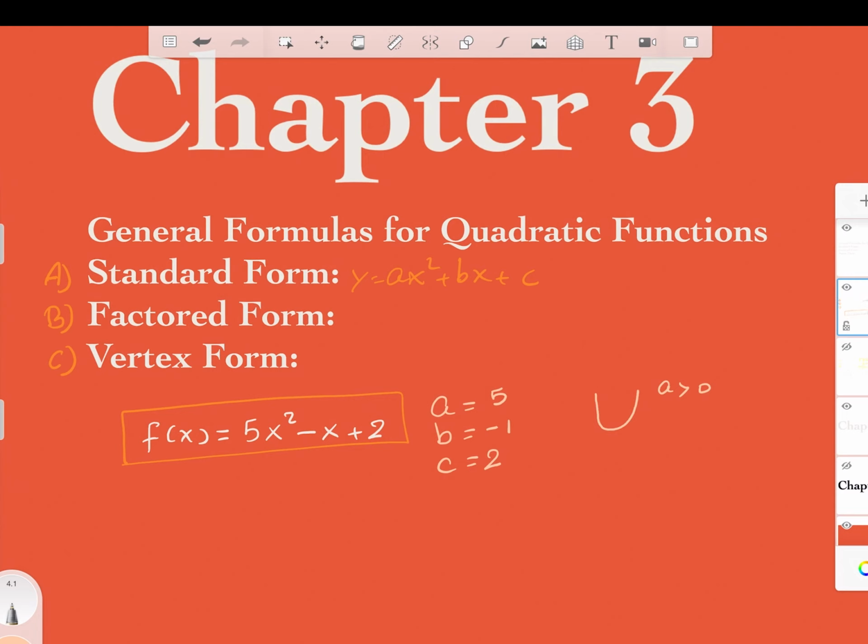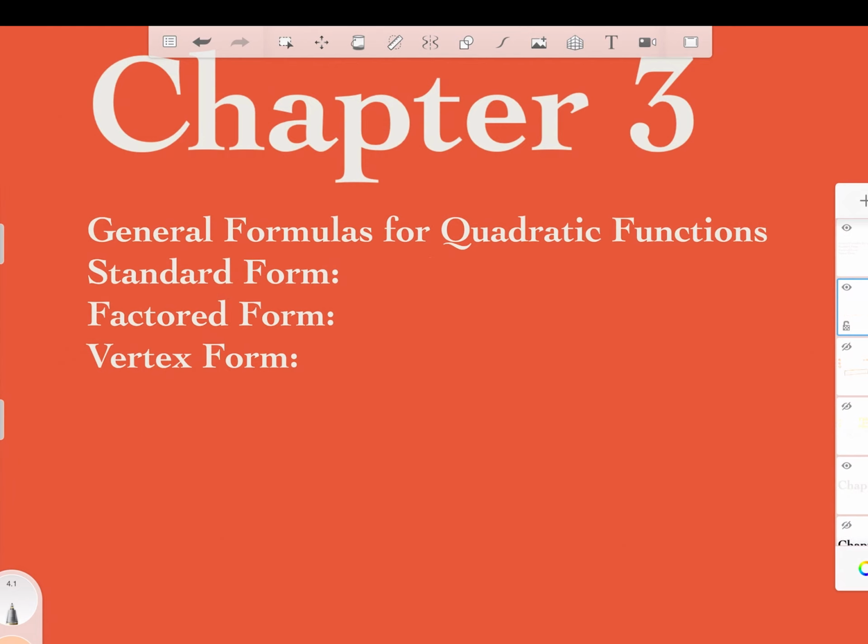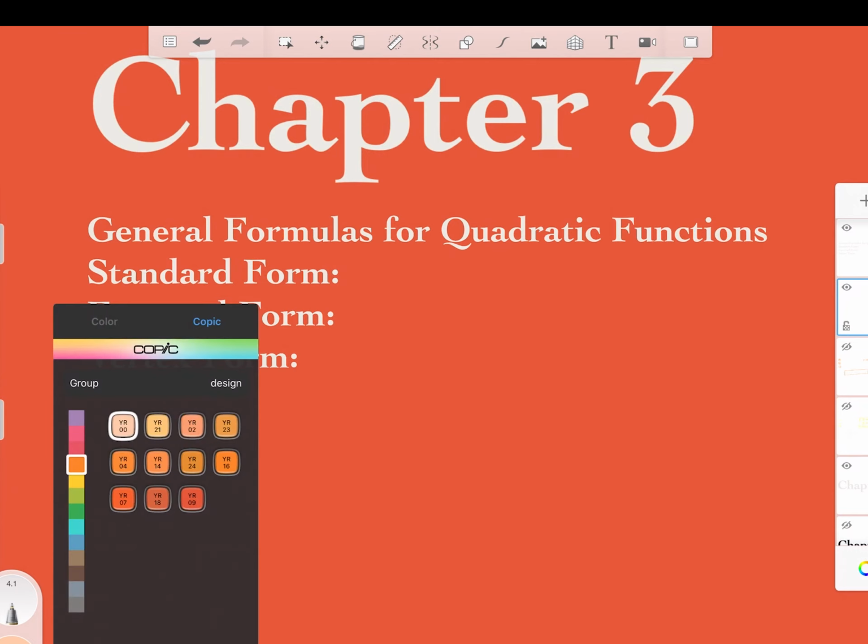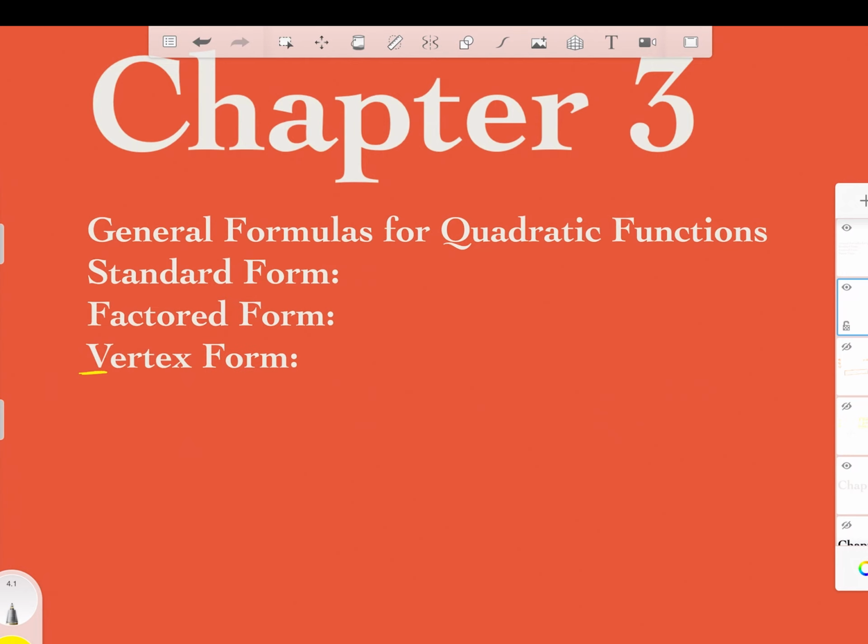Let's have another type of question. F of x equals 3 parenthesis x minus 2 squared plus 7.